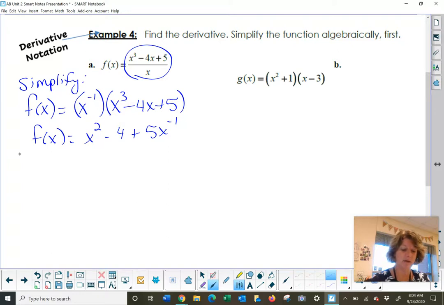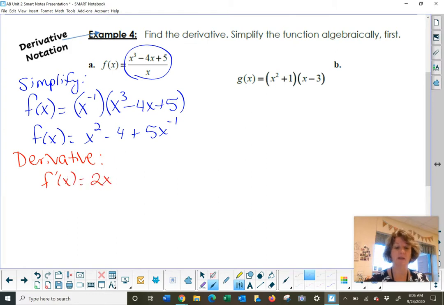Now we're ready to take the derivative. So to take the derivative, we're going to use the power rule. We're going to reduce it by a power, bring the power down. Remember the power rule, n, x, n minus 1 is the derivative, okay? F prime of x equals, the 2 comes down, reduces by a power, leaves us x to the first.